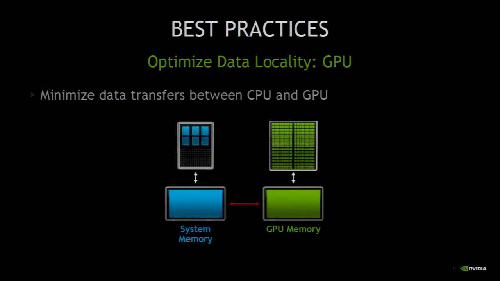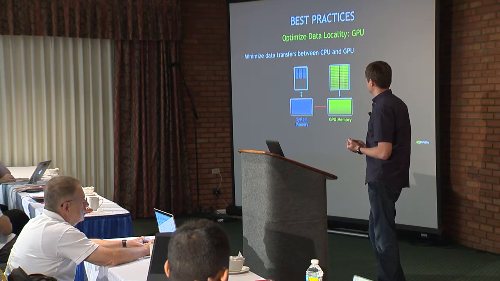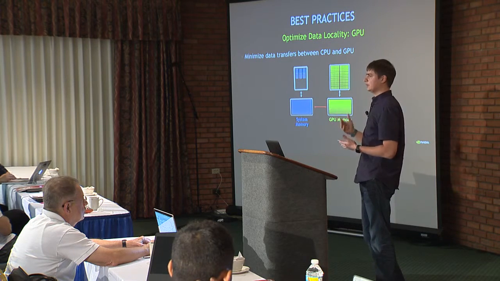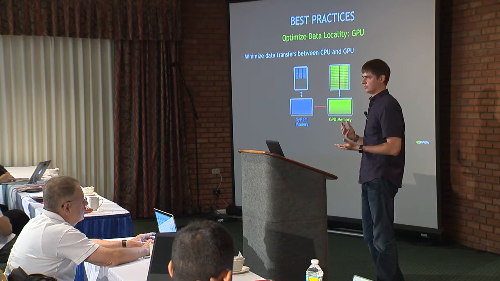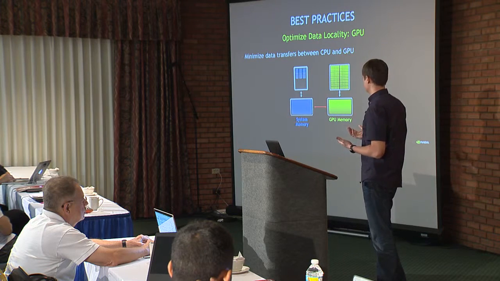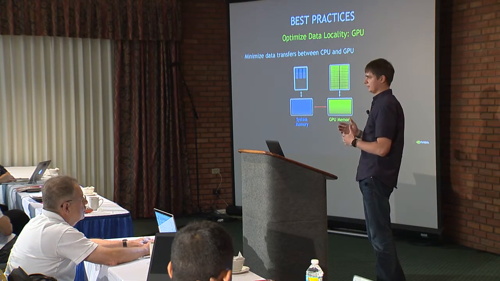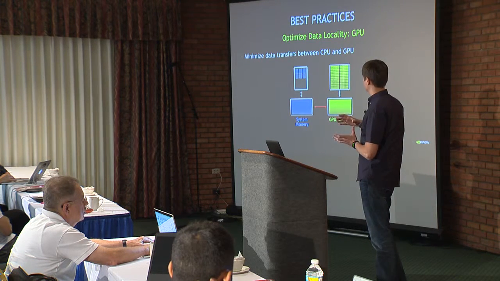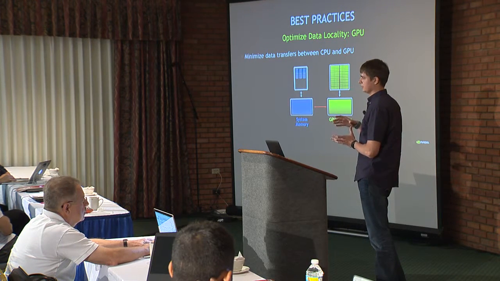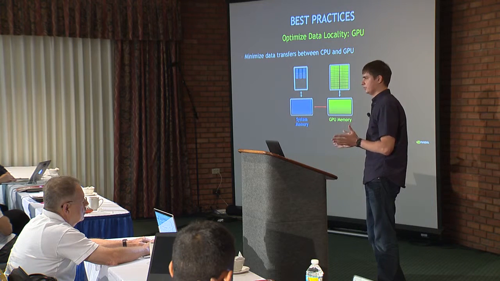It's very slow, much slower than the way you can access GPU memory. So the key thing here is to minimize data movement. If you can keep the data on the GPU longer and do more computation with it, that's useful. Try to design your program so that chunks of it execute on the GPU doing useful work, instead of just moving the data back and forth.